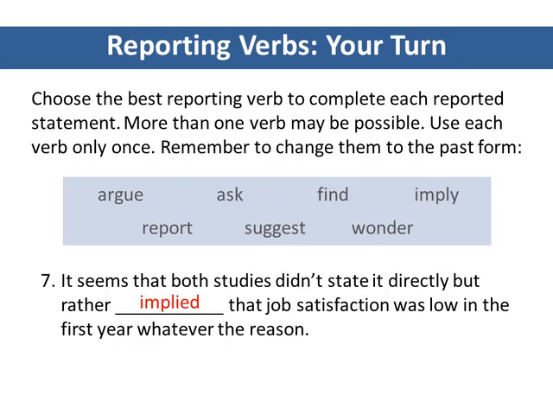While suggested is also possible here, implied best conveys the meaning that the studies did not state the idea directly. Remember, these are only a few of the possible reporting verbs in English. There are many others. In your writing, use a variety and choose the best one to convey your meaning.